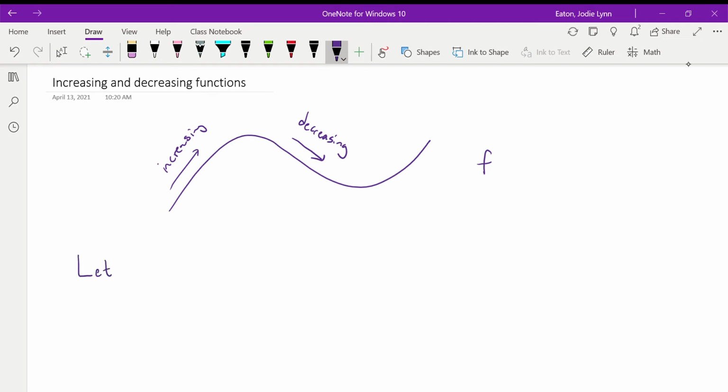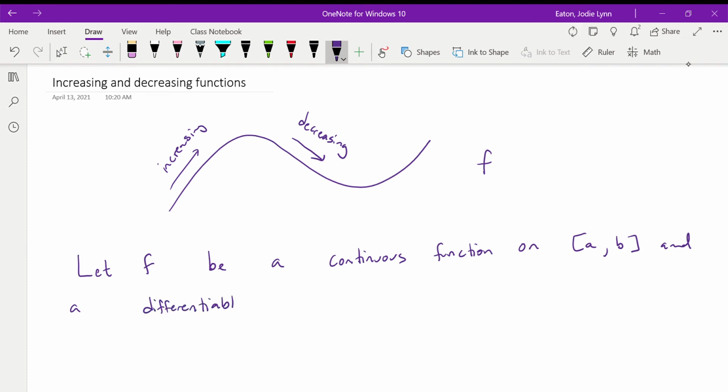So let f be a continuous function on the closed interval AB and a differentiable function on the open interval AB.